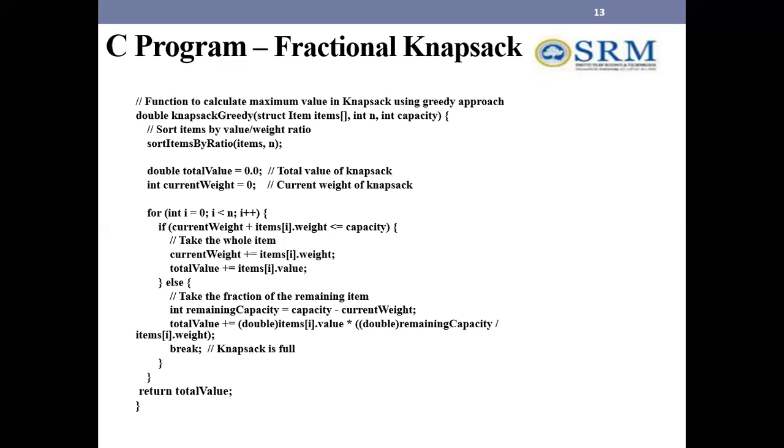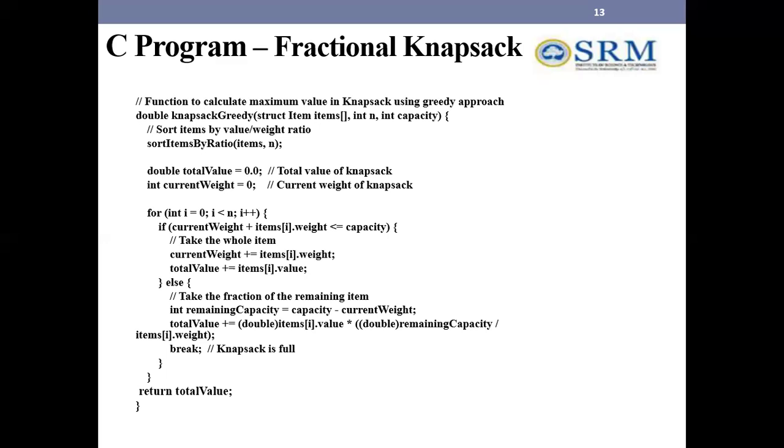So that part of the next item can be taken and added to the knapsack. For that fractional part of the item, the total value is calculated, and that value is added to the total value of the knapsack. This process is repeated until the knapsack is full or all the items are over.